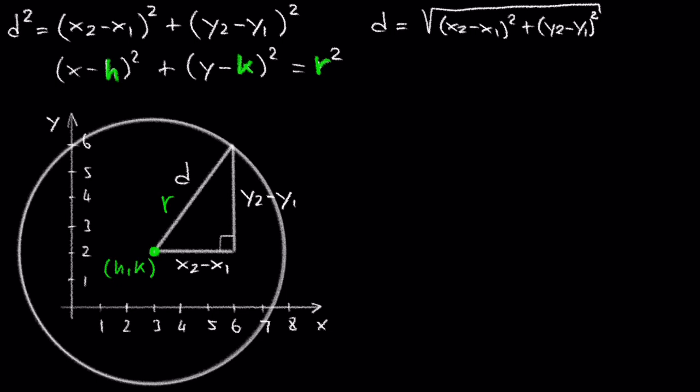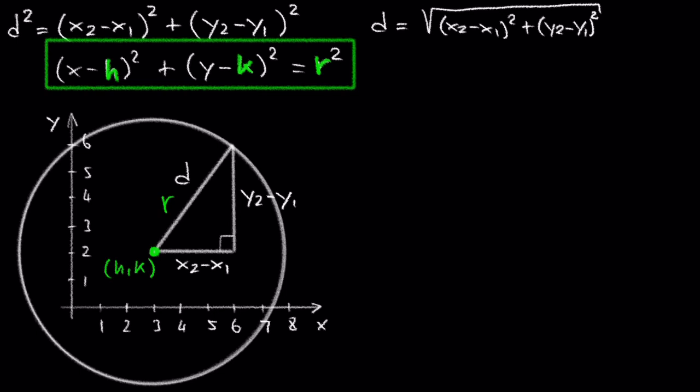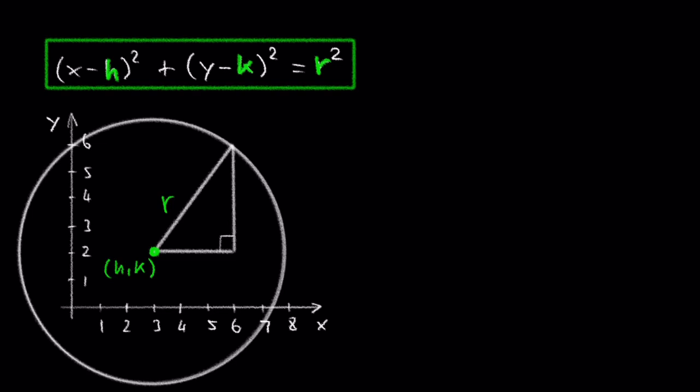So as long as we get an equation of a circle in this standard form, we know immediately that h, k represents the center of the circle and r represents the radius of the circle, and vice versa. Let's do two examples where we have given the coordinates of the center and the radius of a circle and find out the standard equation of a circle.